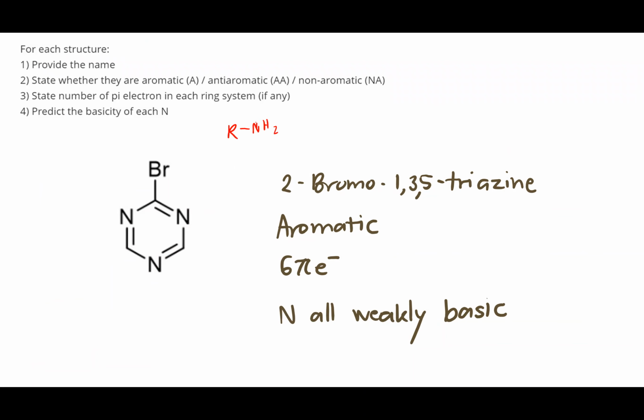These are much more basic than this lone pair in sp2 due to the hybridization. So if you call them basic, then that's fine, I will give the mark, but it still has some availability on the lone pair because it's not involved in the aromatic system here. Okay.